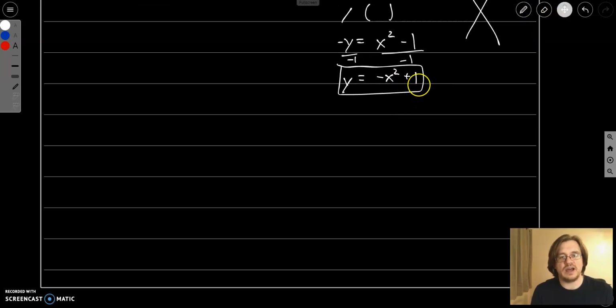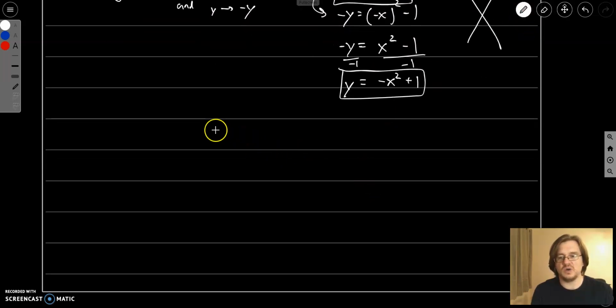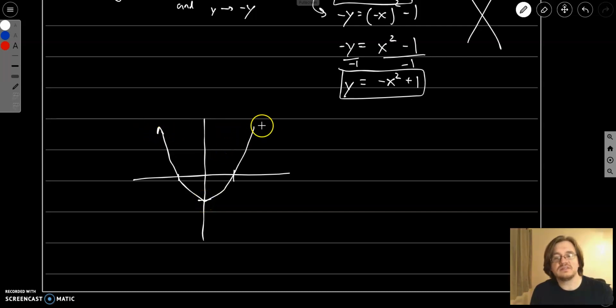When we actually graph this, our equation y is equal to x squared minus 1, we get the following. This is a parabola. It'll pass through the points 0, negative 1, negative 1, 0, and 1, 0. So it'll look something like this. We will see this in later chapters as well, where we'll learn how to graph parabolas.